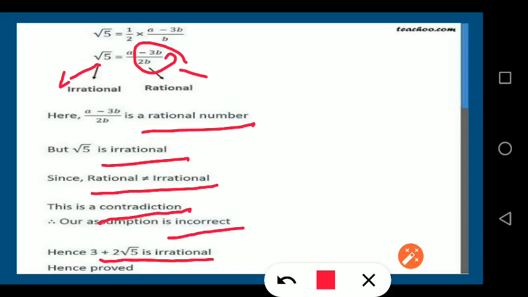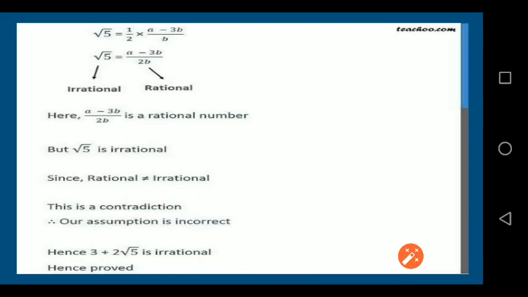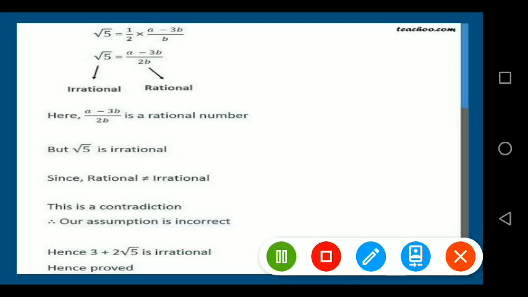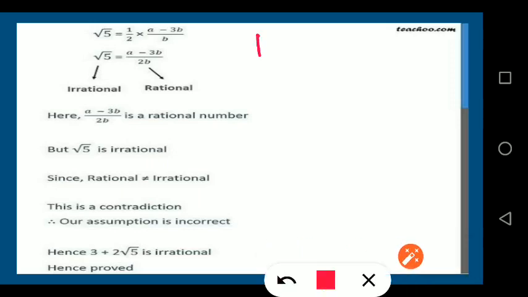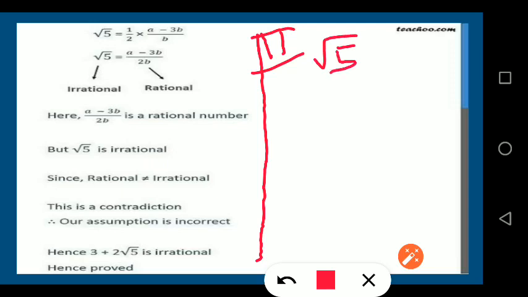This is one way we can prove that 3 plus 2 root 5 is an irrational number. The other way, the second method which I explained to you, is to prove the same question. Second method: what we know is that root 5 is an irrational number and 2 is rational.